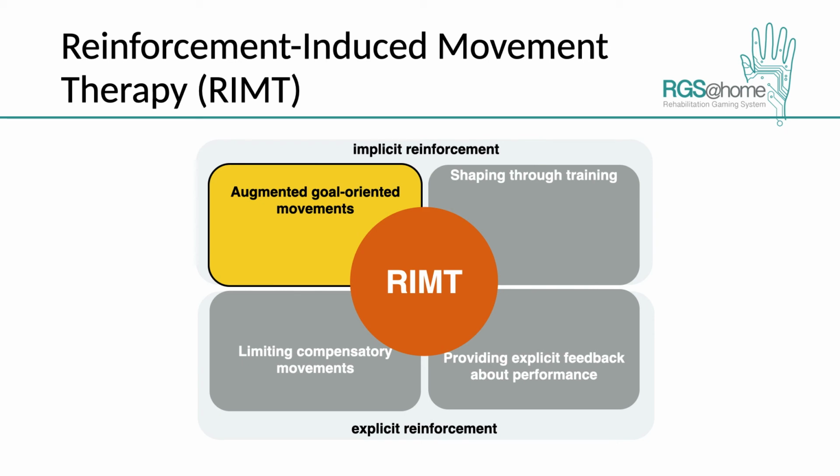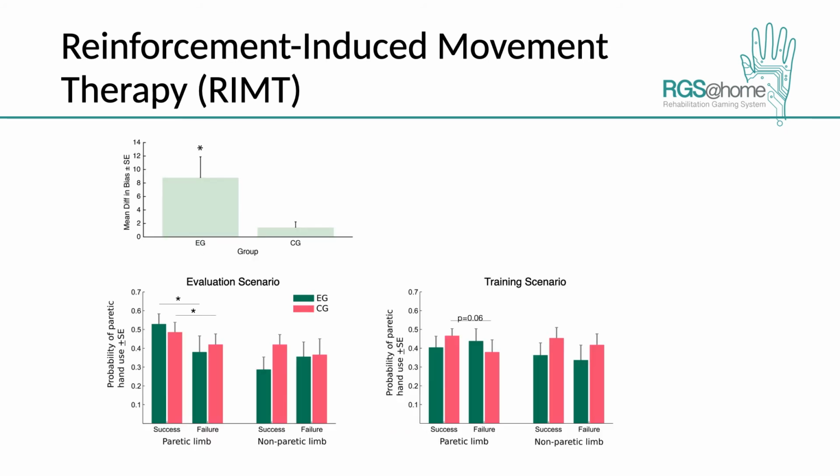After 6 weeks of therapy, we observed that the experimental group shows a higher probability of selecting the affected arm when compared to baseline, and this is significantly different from the control group, the one that was not exposed to augmented goal-oriented movements in virtual reality.